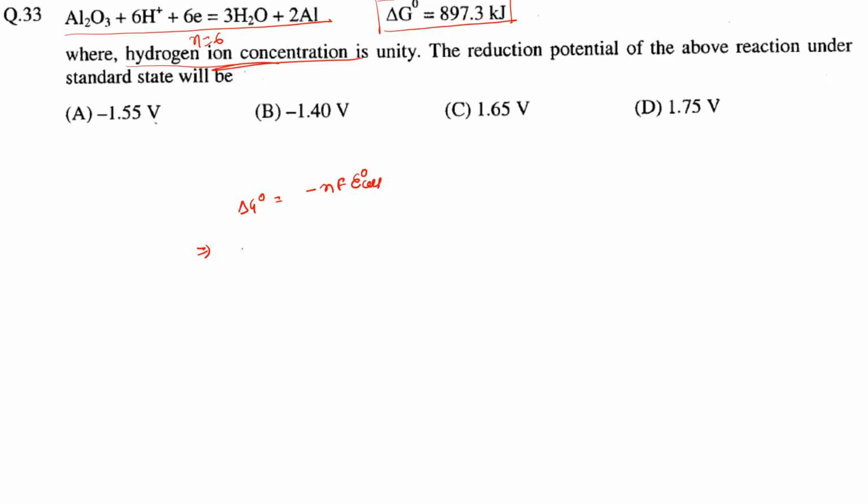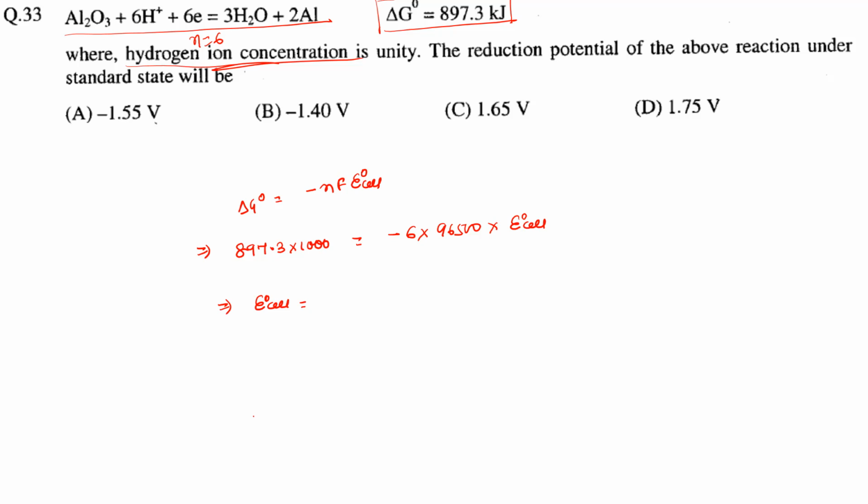So delta G naught is 897.3 into 1000 because it is kilojoule, minus n is 6, F is 96500, remember this, and E naught cell we have to find. This E naught cell will be equal to, just divide this.